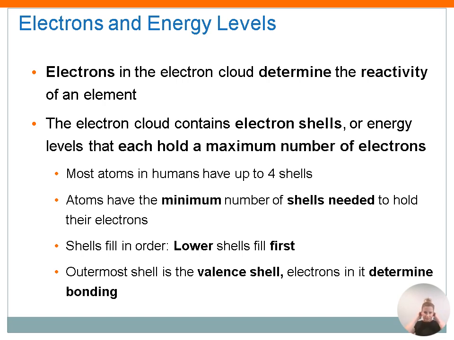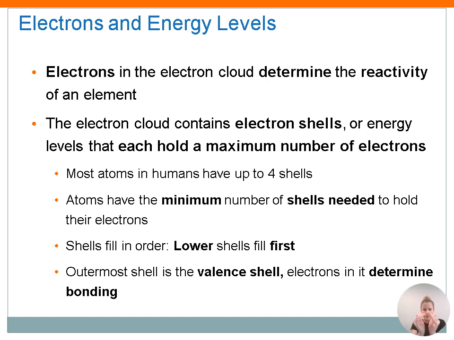Okay, so now when we look at the electrons, remember the electrons are moving around really fast in the electron cloud, right? This kind of area around the outside of the atom. Now, this electron cloud has electron shells or energy levels in it. So the electrons aren't all just thrown in one bunch.